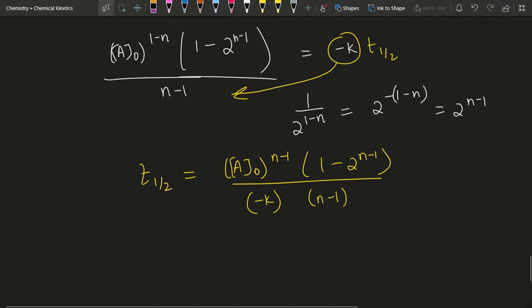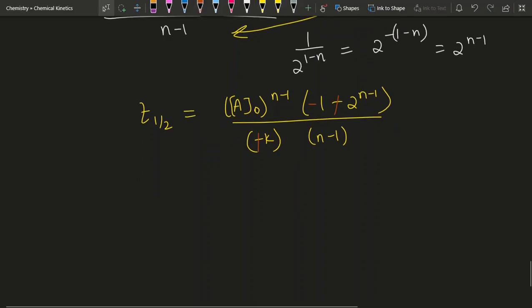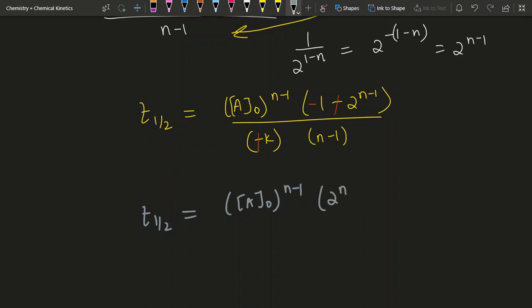If you cancel this negative sign with the other negative sign, you arrive at the final expression: t half, the half-life, is equal to a naught to the power n minus 1 times 2 to the power n minus 1 minus 1, over k times n minus 1.